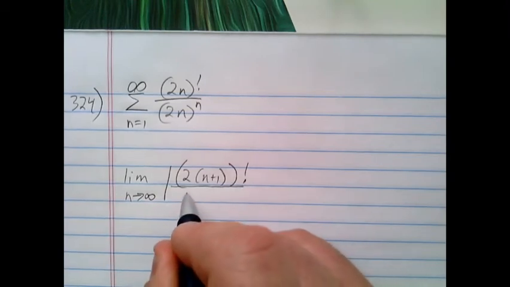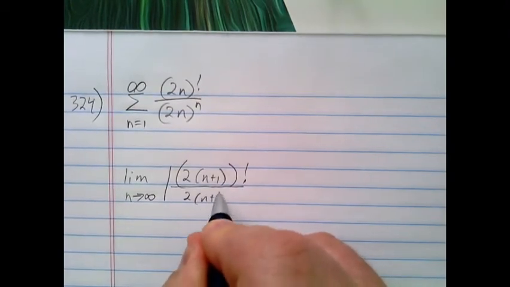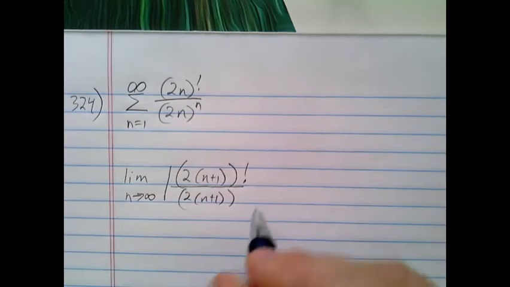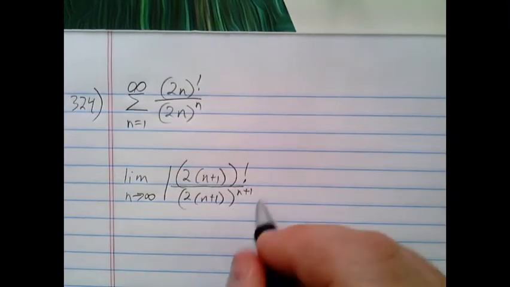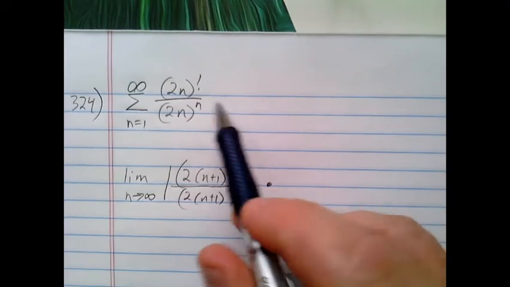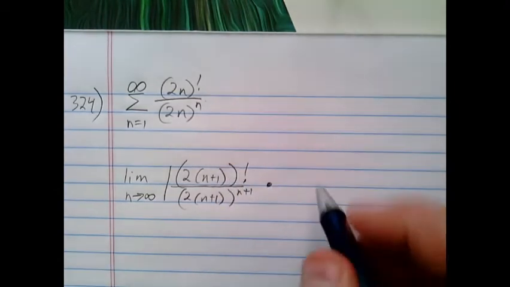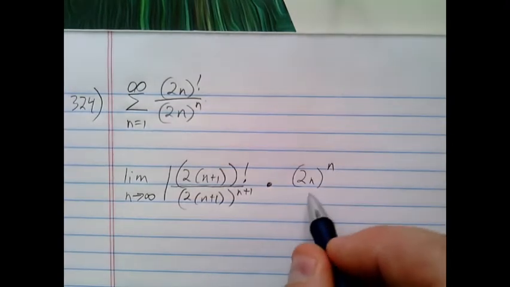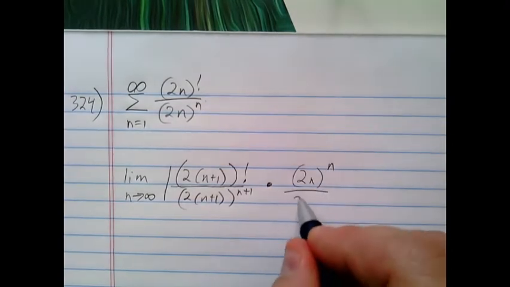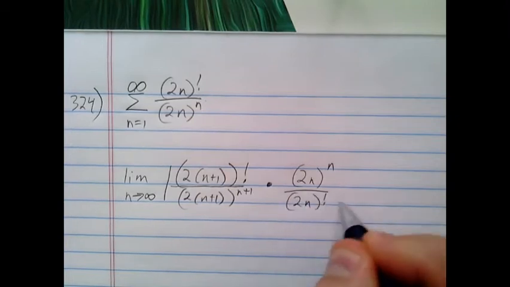Okay, same deal down here. It's 2 times (n plus 1), and then all of that is raised to n plus 1. And then we multiply by the reciprocal of just the n term. So (2n) to the n over (2n) factorial.